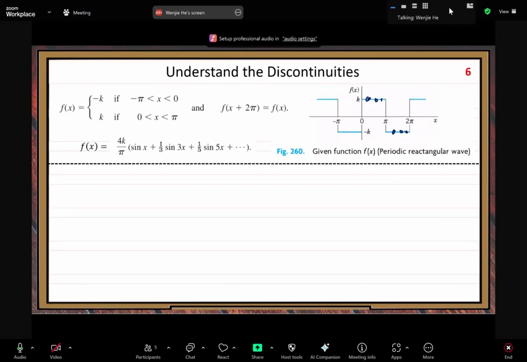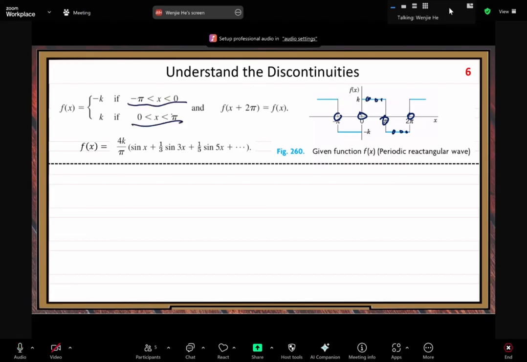But the convergence may have some problem at the discontinuity. Let's say the point at 0 is discontinuous, right? The function is discontinuous at 0, at pi, and at 2 pi. When you calculate the values at both sides, on the left-hand side at 0 and at pi the value is not even defined.